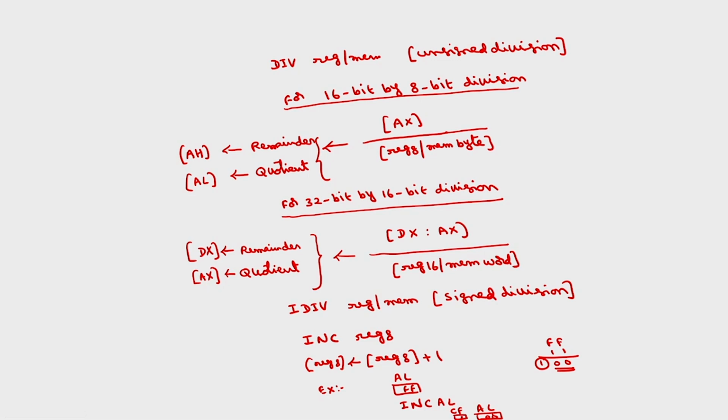Similarly, you can have a 16 bit register increment also, INC register 16. The 16 bit register contents will be incremented by 1 and stored back to the same 16 bit register. Similarly, you can increment the contents of a memory location, INC memory, which you can take as byte, or INC memory word.